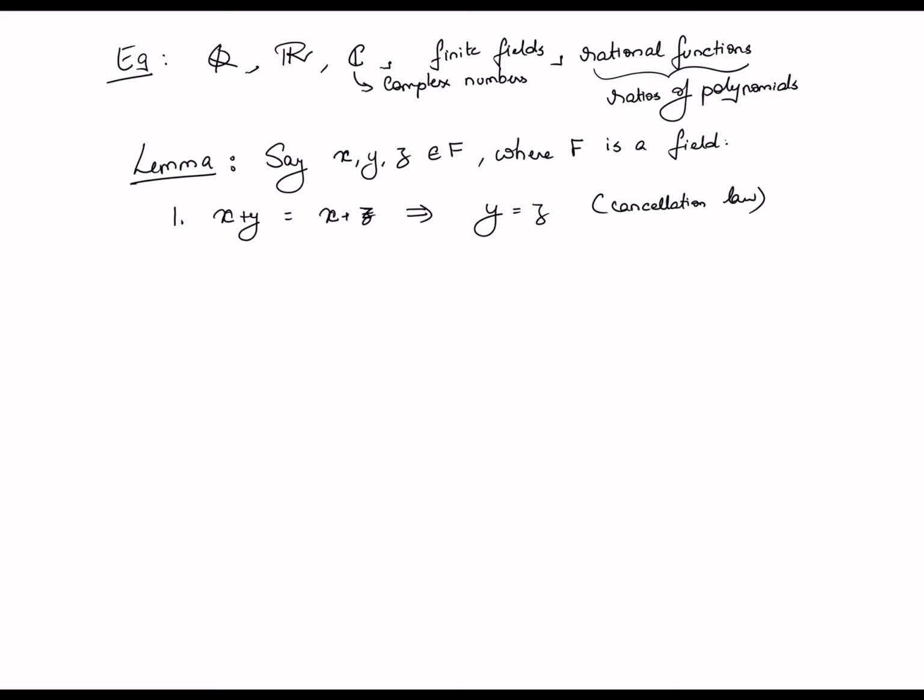Again, this is not part of the fundamental axioms. It can be derived from the fundamental axioms. Right? Similarly, x plus y equals x implies that y is 0. Okay? So the only way x plus y can be equal to x is that y is equal to 0, which again you can kind of think of as cancelling x from both sides. But again, that this is true has to be proved from the axioms of the field.